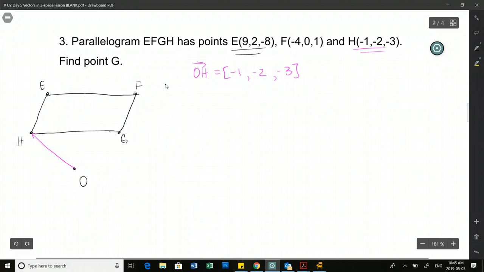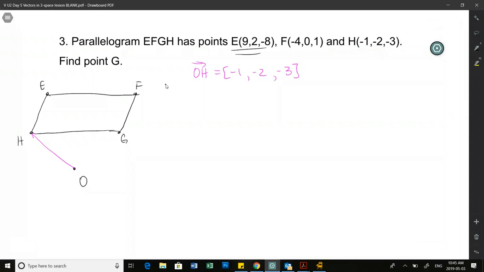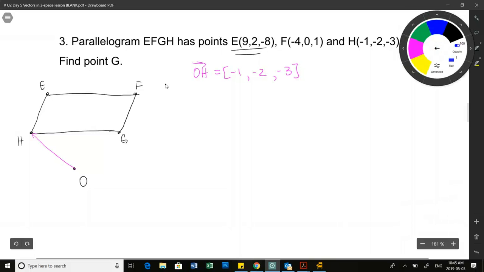Right now, H is just a point. It's not a vector. So we're turning it into a vector, starting at the origin and going over to H. I could figure out what G is if I can figure out what OG is. So that's my goal. This is the resultant. This is going to be vector OG.